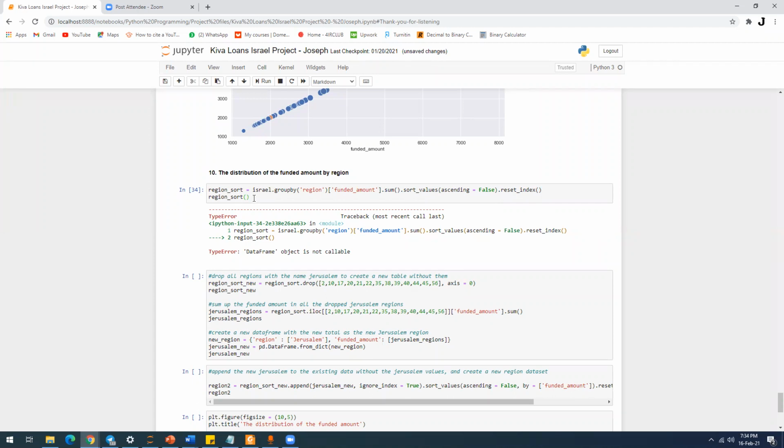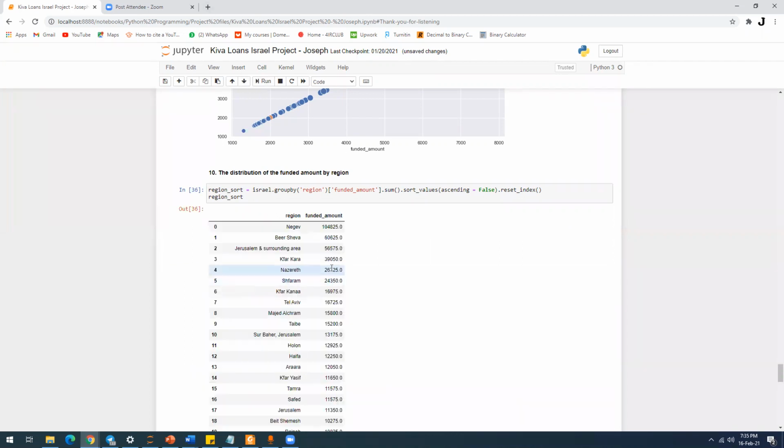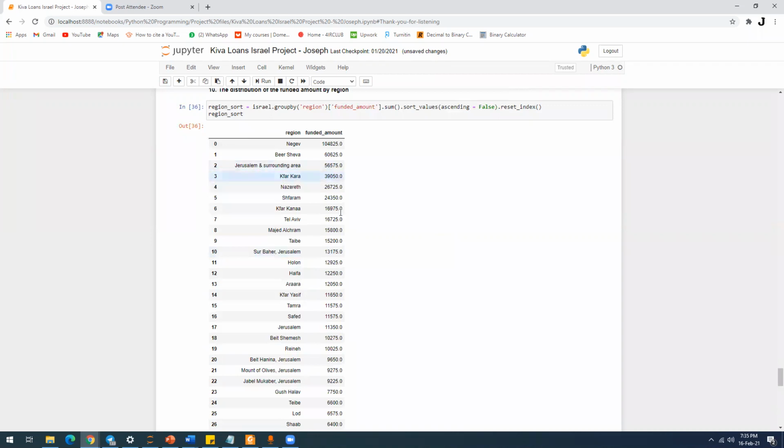Reset index. Data frame is object, but I don't see any data frame here. Oh, okay, I realize. Yes, I had done a function.